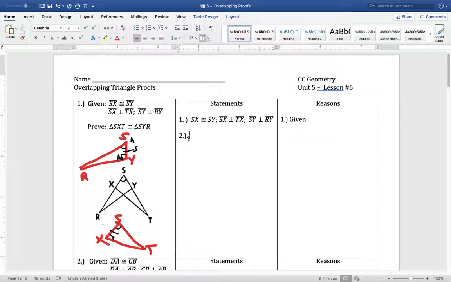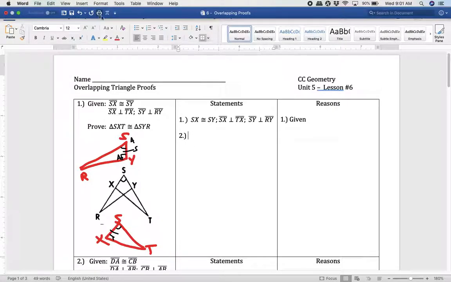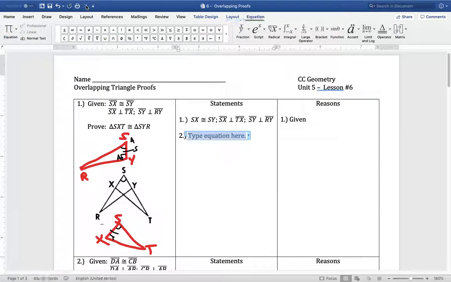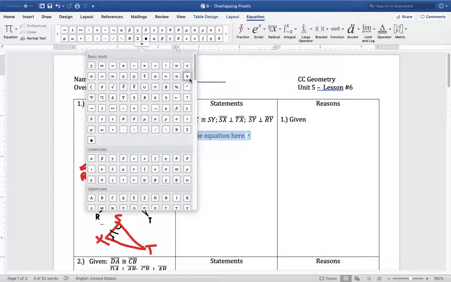I do need to call these right angles first. So I have to say things such as angle Y and angle X are right angles. So let me just quickly go into my little angle symbol here.